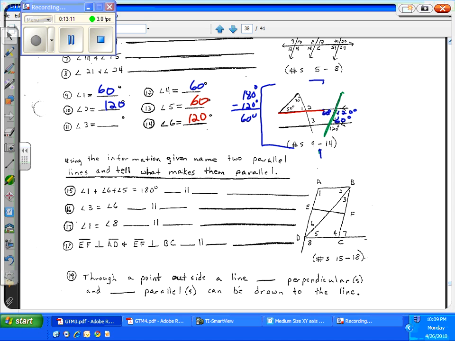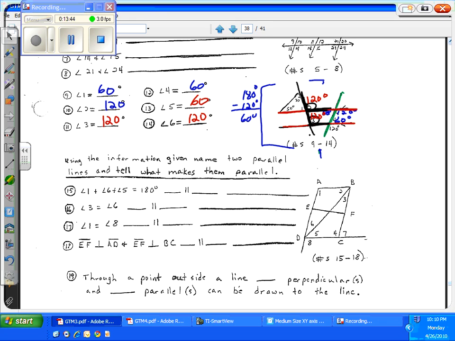Now we do know that these lines are parallel. And if you cut those two lines by this transversal, then angle 2 and angle 3 are corresponding angles. They're both in the top right position, or they make the letter F. So if angle 2 is 120 degrees, then angle 3 will also be 120 degrees.